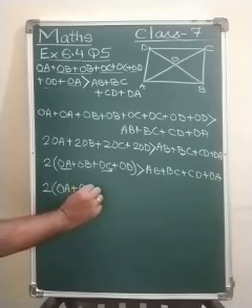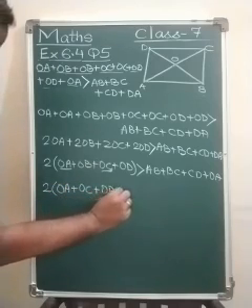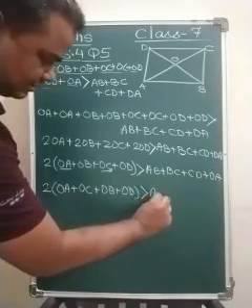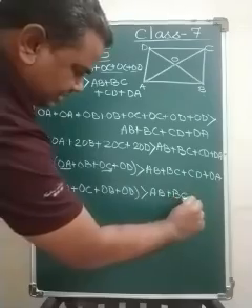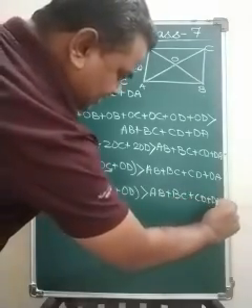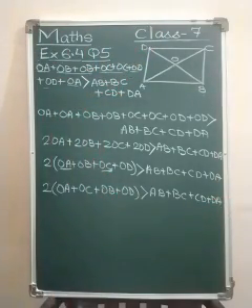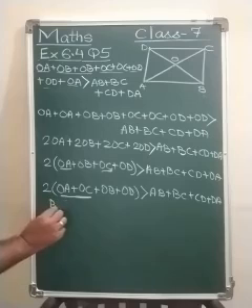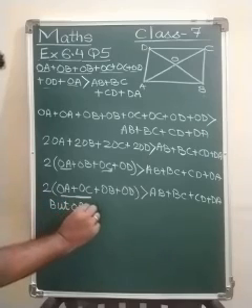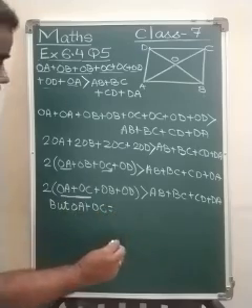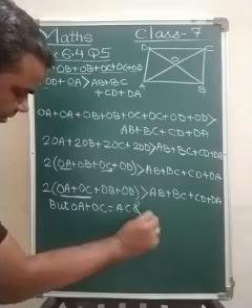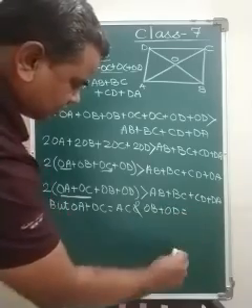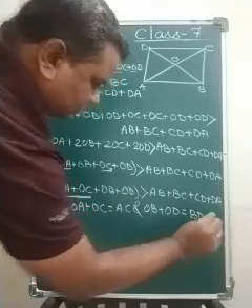OA plus OC plus OB plus OD is greater than AB plus BC plus CD plus DA. Now OA plus OC, this much, but OA plus OC equals to AC and OB plus OD equals to BD.